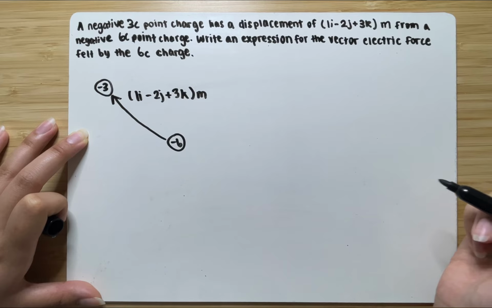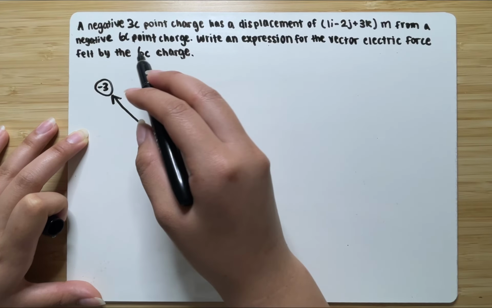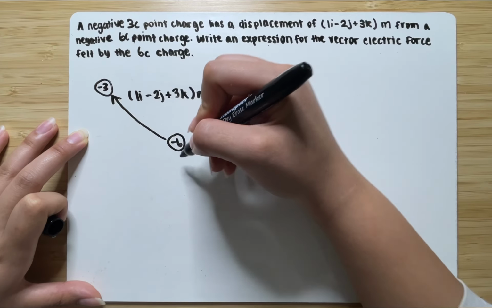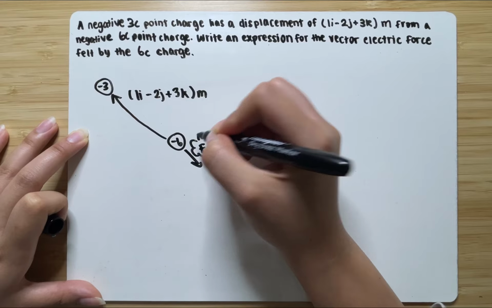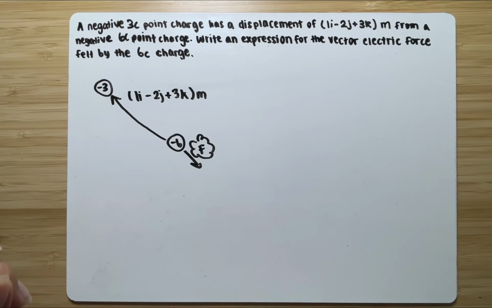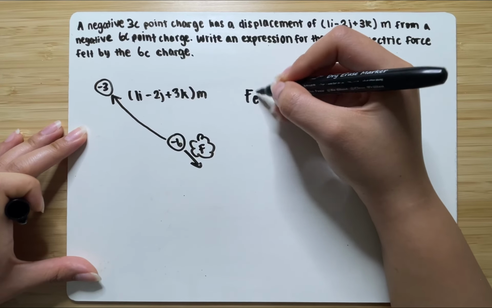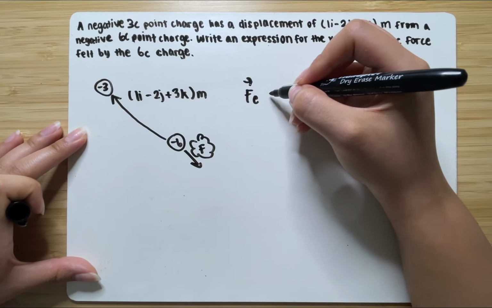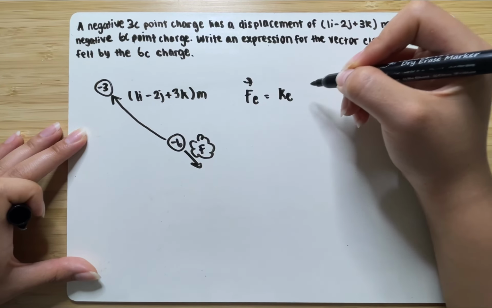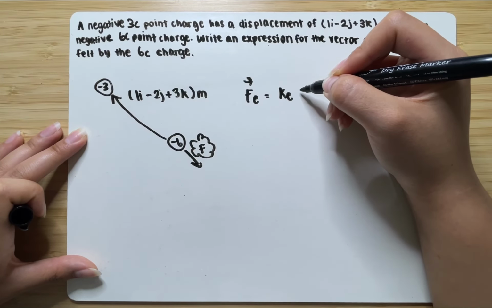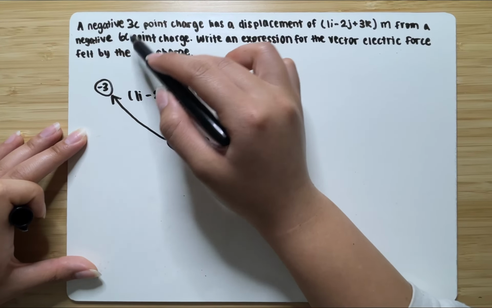Okay, now we want to find the vector electric force felt by the 6 coulomb charge, which means that this is the force. We want to find this force. Now, recall that the equation to find the electric force is equal to Coulomb's constant, k sub e, times the absolute value of the two point charges multiplied with each other.